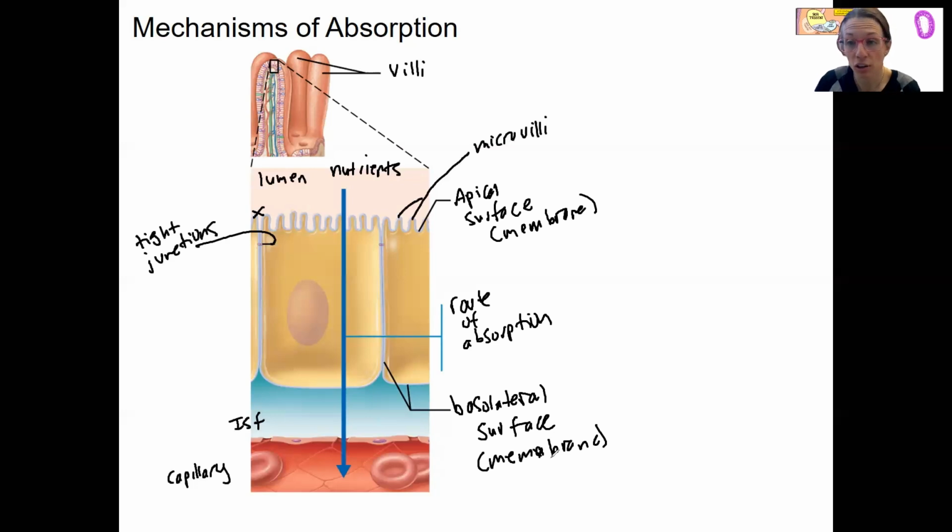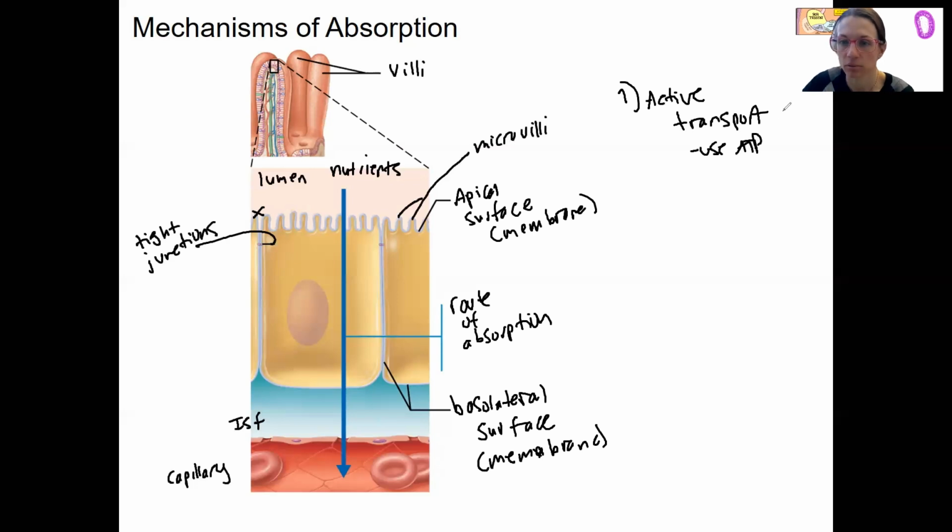So absorption can occur through several different mechanisms, right? How do we get things to do this? It's transport mechanisms, which I love. So we're going to be referring to active transport. What does this mean? This means it uses ATP. That's what that means.